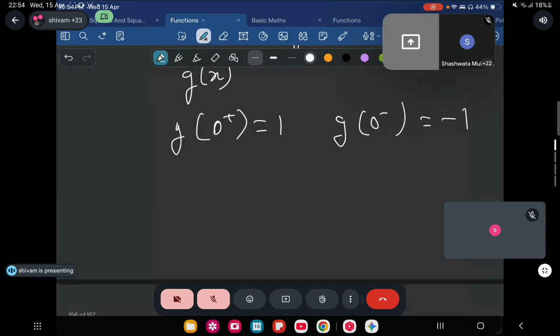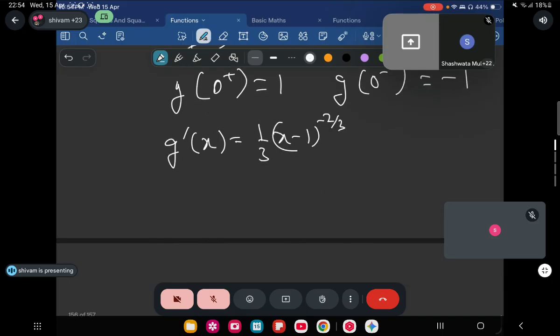Let us differentiate. g dash x will be equal to 1 by 3 into x minus 1 whole to the power minus 2 by 3. Okay.